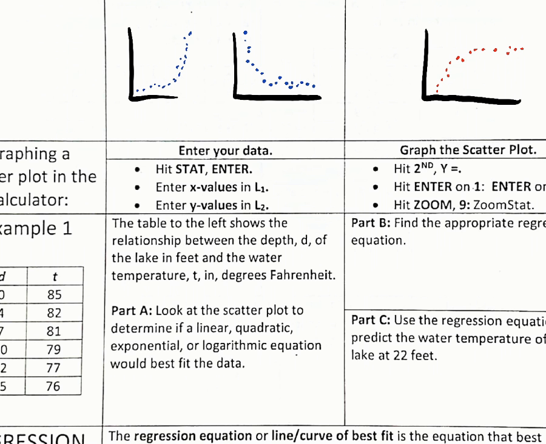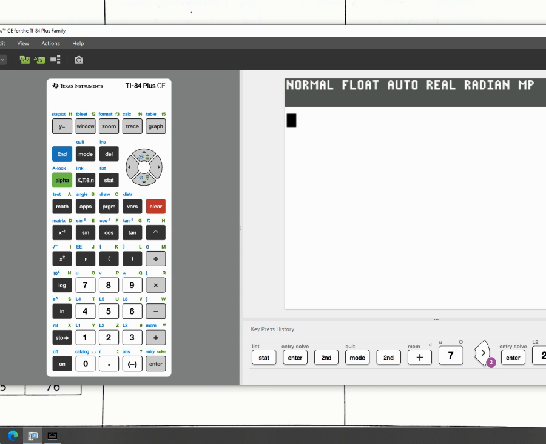Okay, are y'all ready? When we run regression equations in a minute, there is one piece of data that I like to look at. It's not mandatory, but I like to look at it, and I'll tell you why in a minute. The first thing I want to do is turn it on. So here's where you need to go in your calculator.